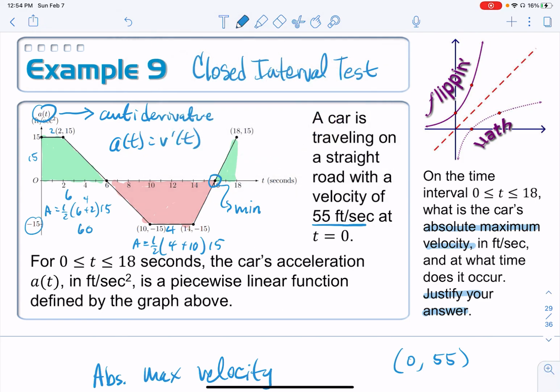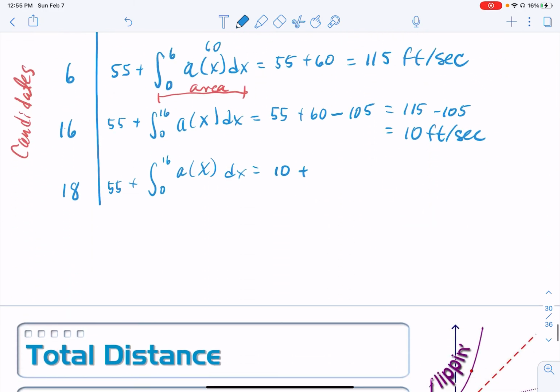All right, we will use another area formula here. So its area is 1/2. The base length looks like it's just a 2. Height back to being 15. So the 2 and the half cancel out. I just get 15 for a total of 25 feet per second.